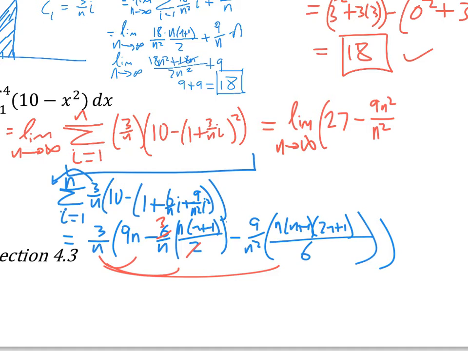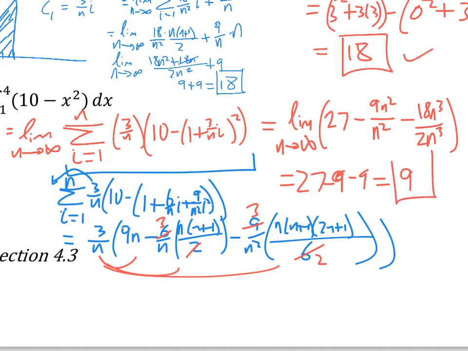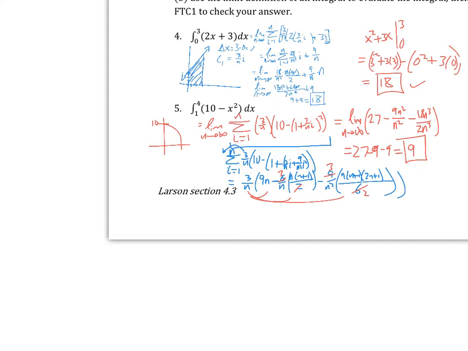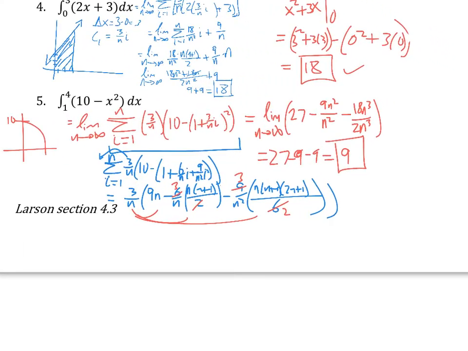Let's simplify. And that's going to give us 9, actually 18n cubed over n cubed. All right, in the end, this comes out to be 27 minus 9. And that is simply 9. And there's our area. All right? Okay, so we got an area of 9.